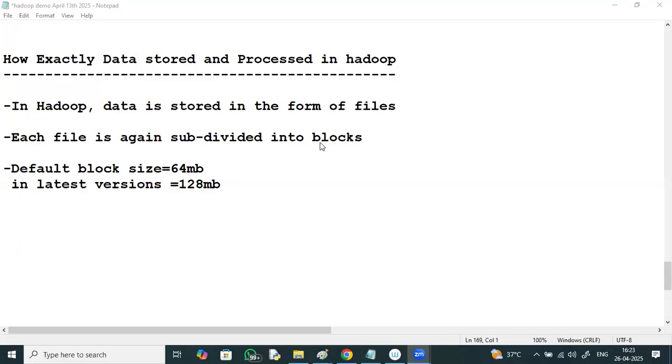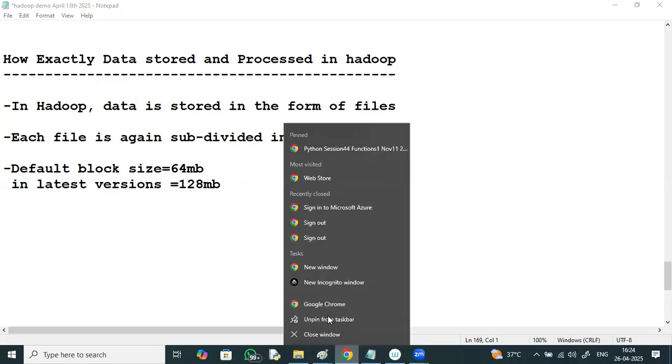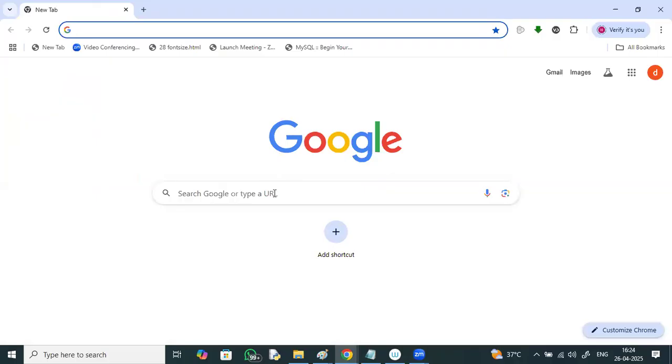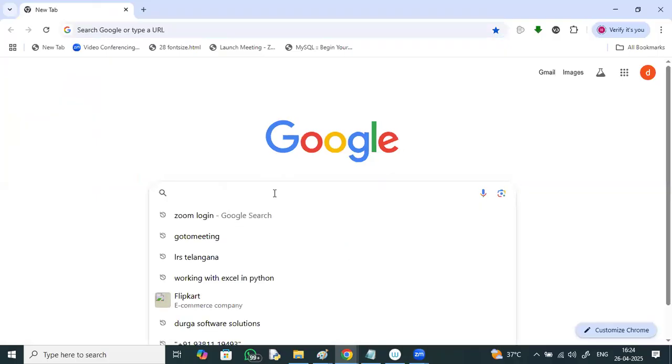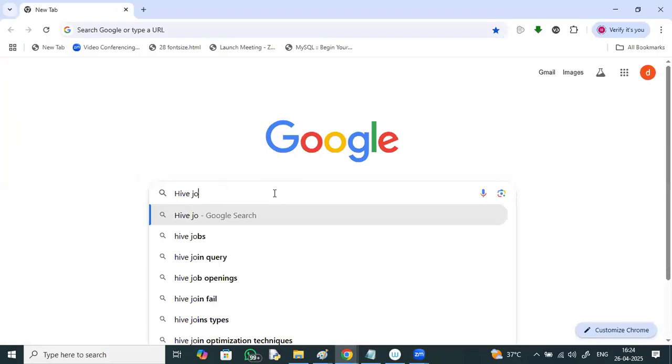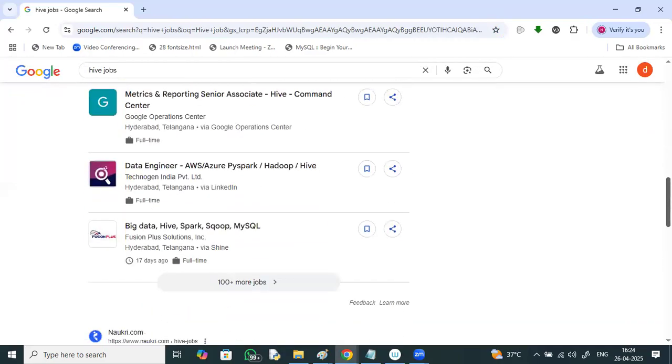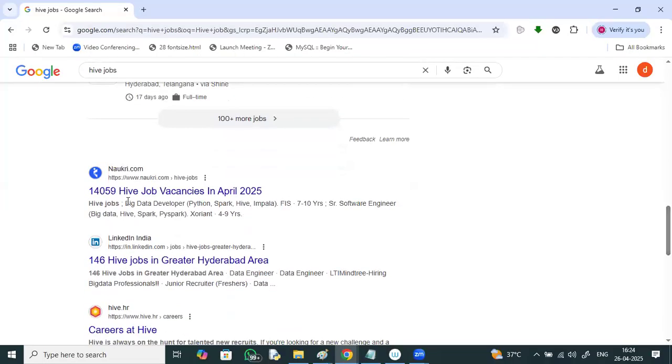There are a lot of jobs. If you just check in Google, even if you have knowledge on this particular Hadoop component Hive, just check Hive jobs. 14,000 Hive job vacancies in April, only if you have got knowledge on Hive.